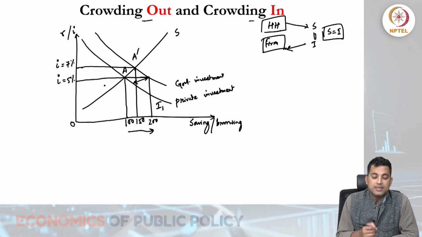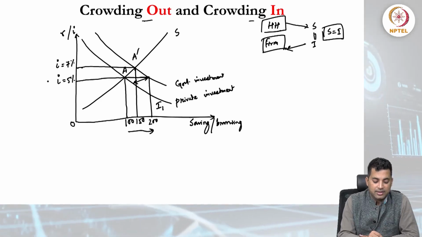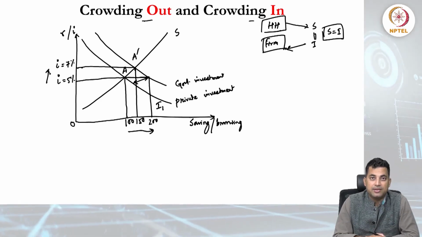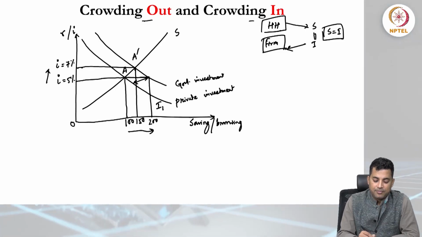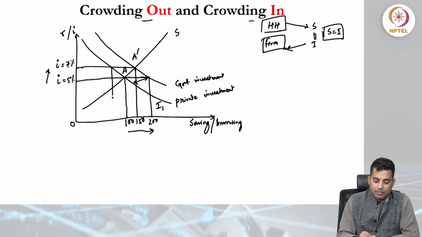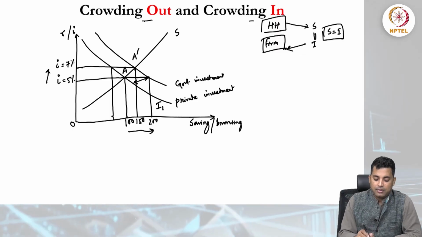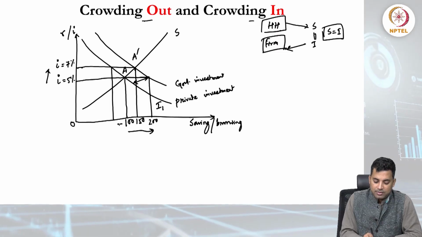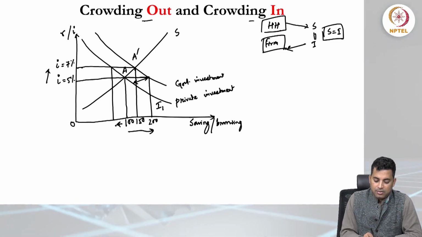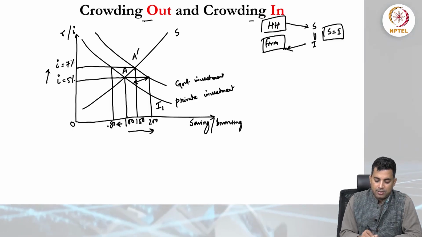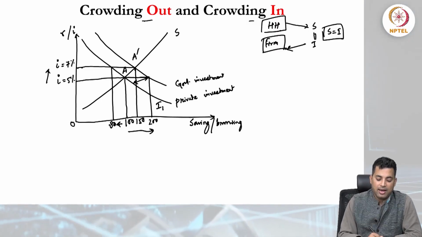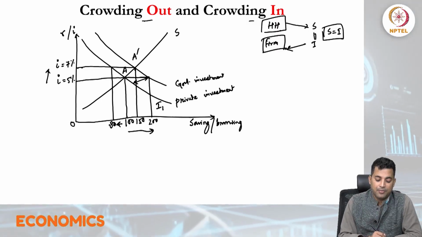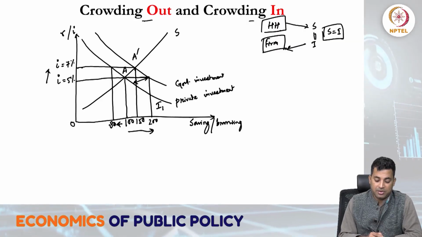But in reality, since the rate of interest has increased, actual investment or savings or borrowing is going down to, say, 100 to 80 units, and this is due to the increase in the rate of interest.